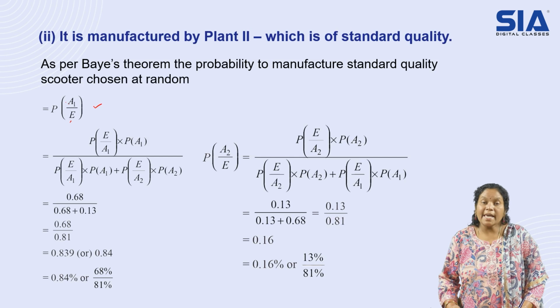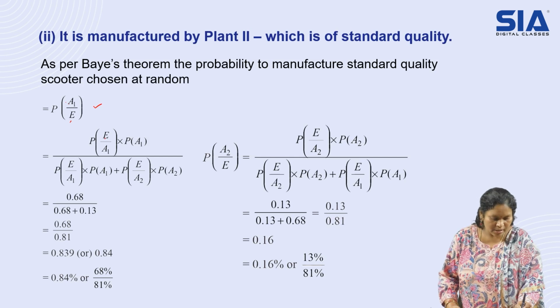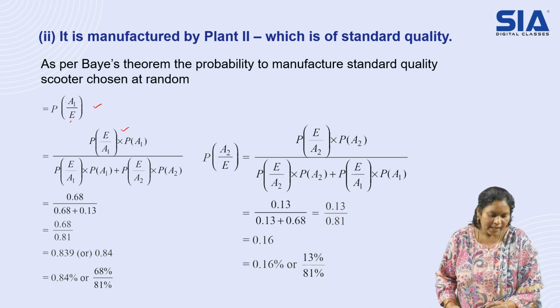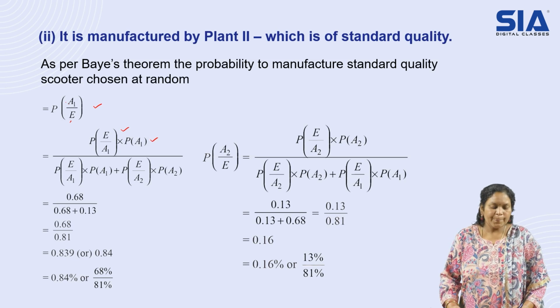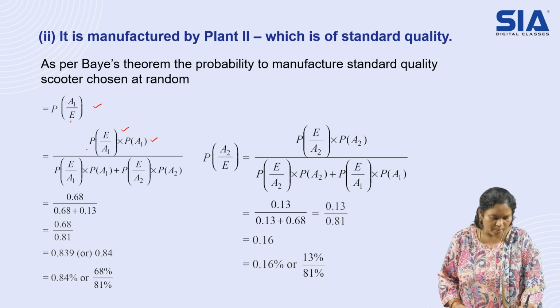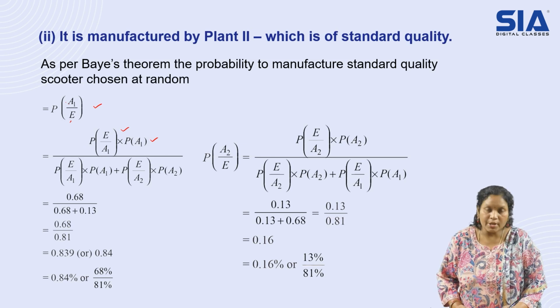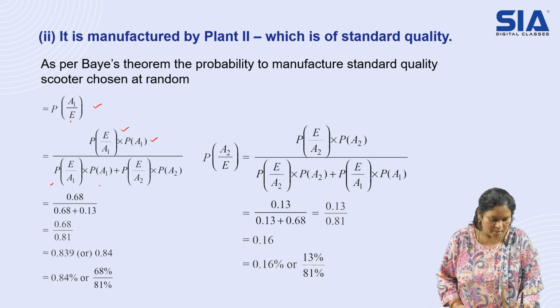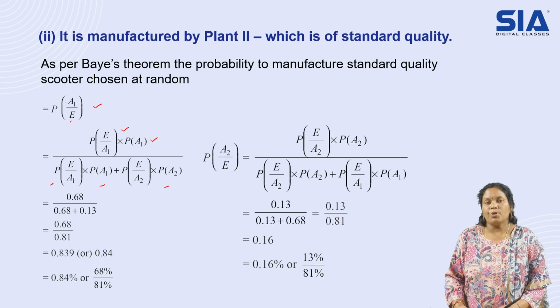Now let us go for the Bayes theorem formula, that is probability of E by A1 into probability of A1, so reverse that. We have all the information for substitution already. So probability of E by A1 into probability of A1, divided by probability of E by A1 into probability of A1 plus probability of E by A2 into probability of A2.